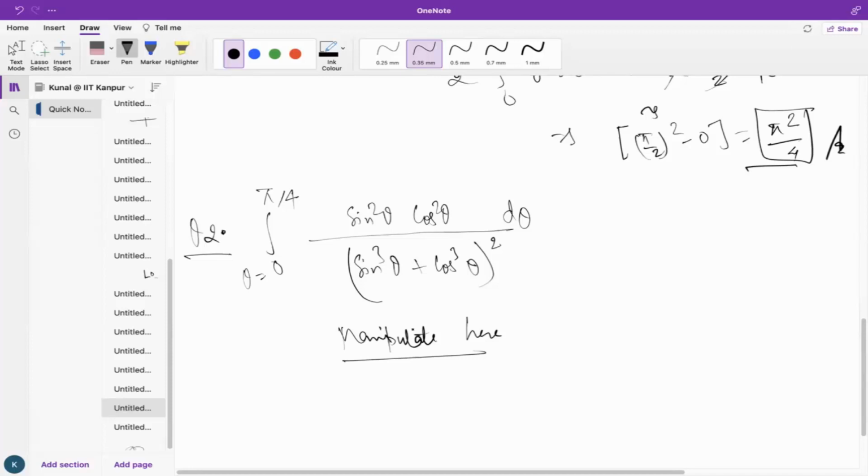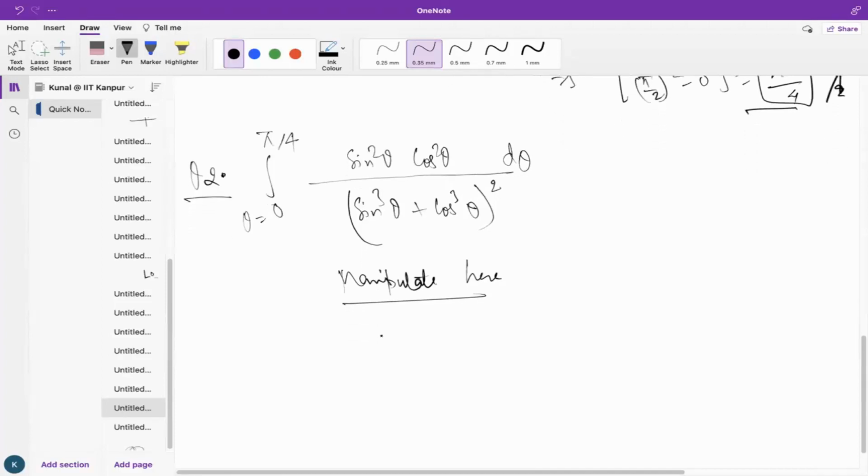So what you have to do? We can divide here by cos square x, right? So you have to just divide by cos to the power 4x here.